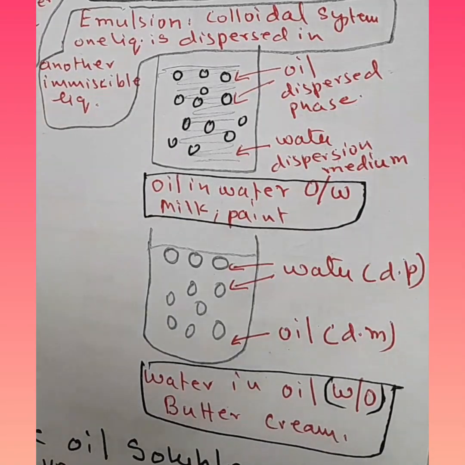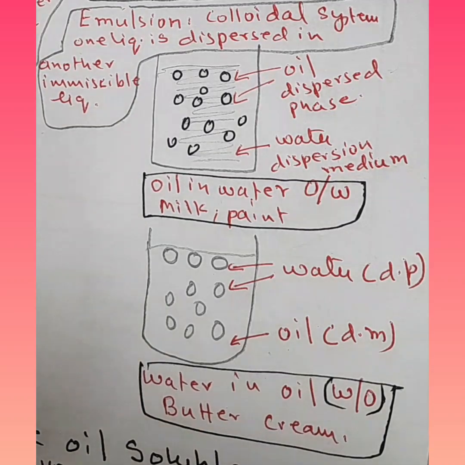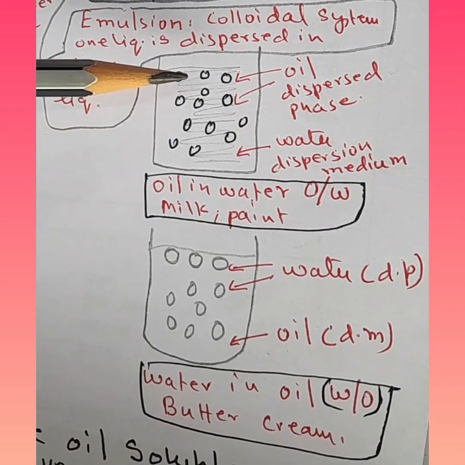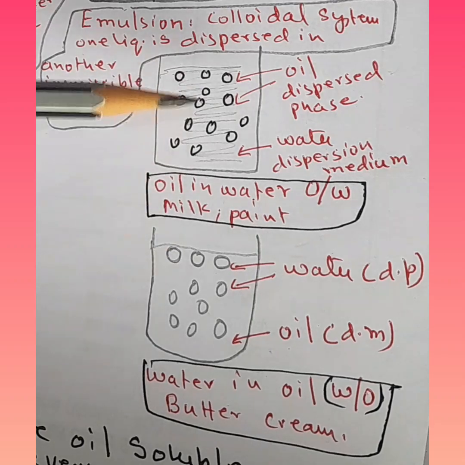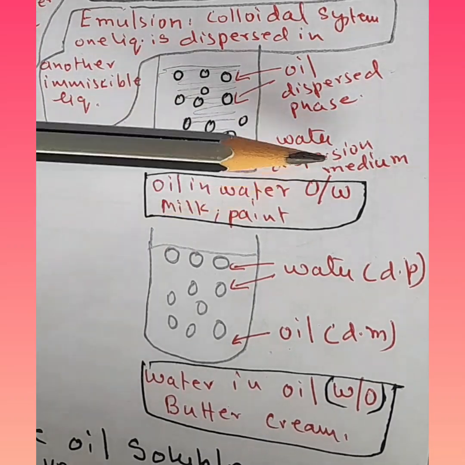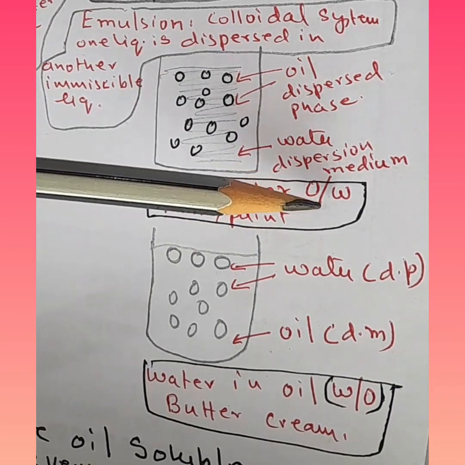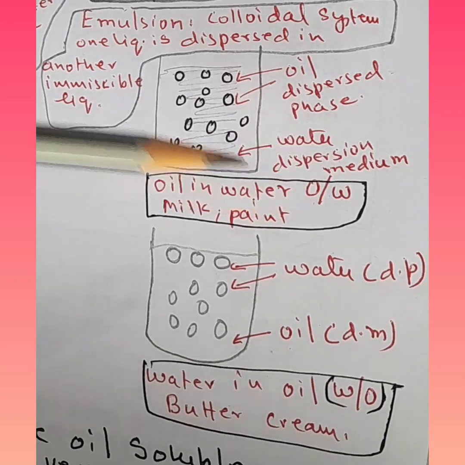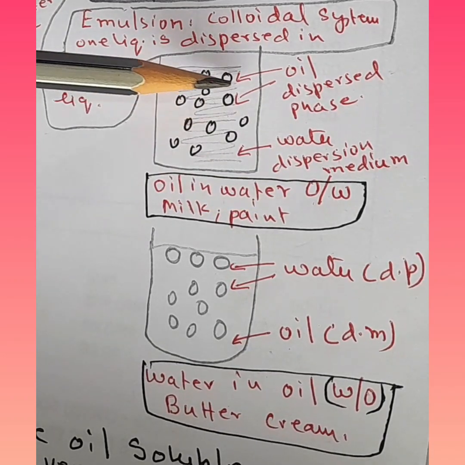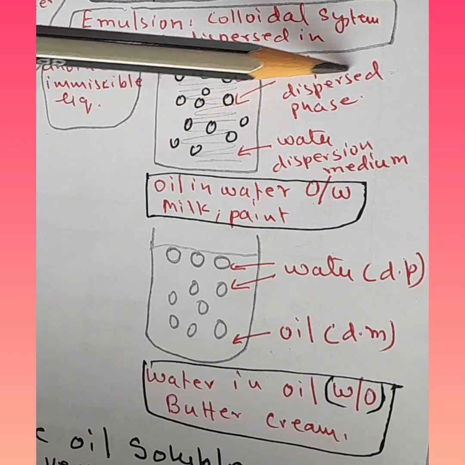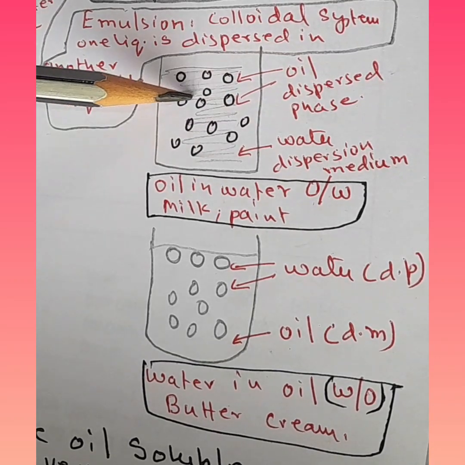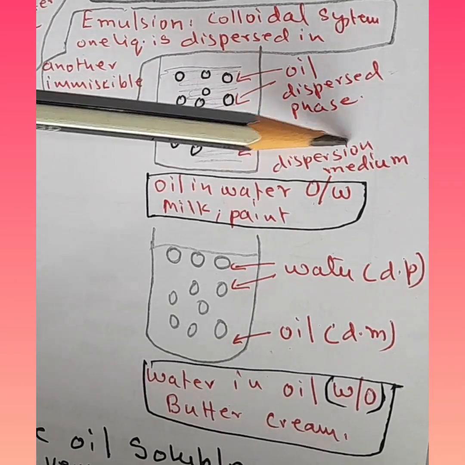You are also supposed to know what is oil in water and water in oil type of emulsion. Now if oil in water, we mention it this way, oil in water. So basically you have oil that is the dispersed phase and water is the dispersion medium.